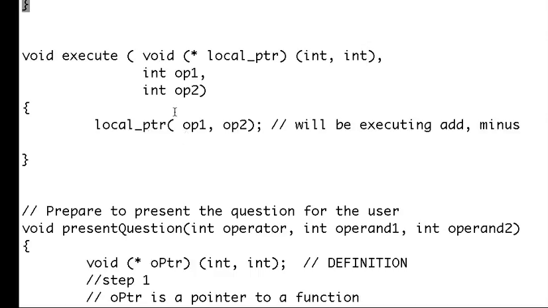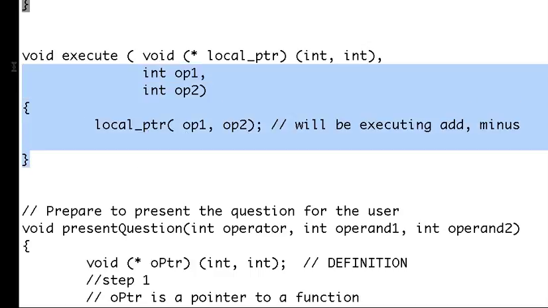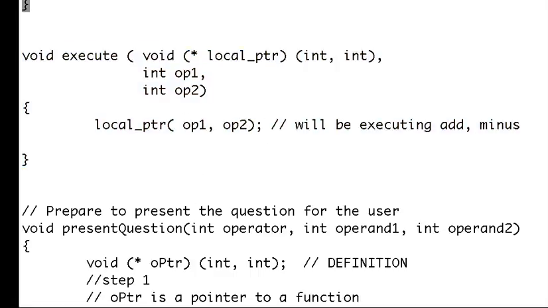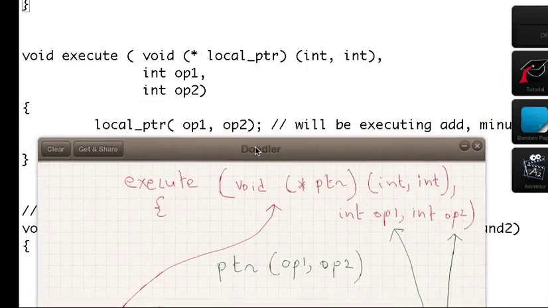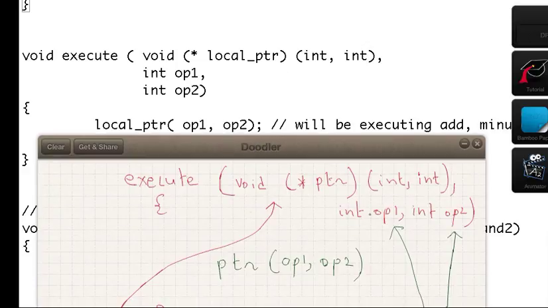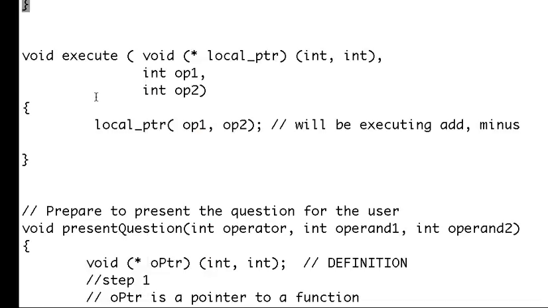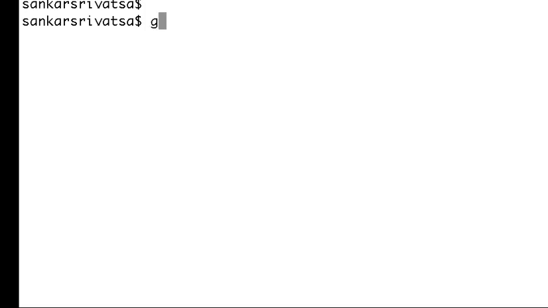Okay? Very simple, right? So this is the key definition. Very similar to what we have talked about here. If you see here, execute with operand 1 and operand 2, and we are just calling it. Very identical, right? Okay. I named it as Q, so let's go back, .c.